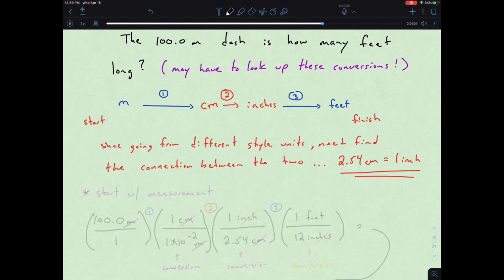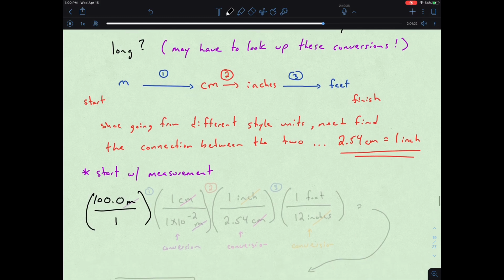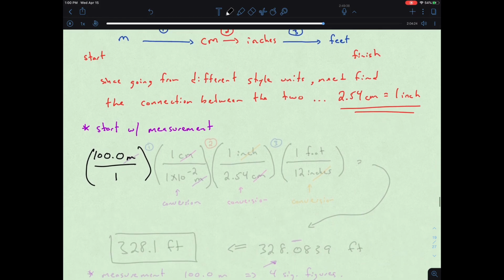We want to do just like we did before. We want to start with the measurement, and that measurement was the 100 meters. Again, accentuating the numerator and the denominator there.